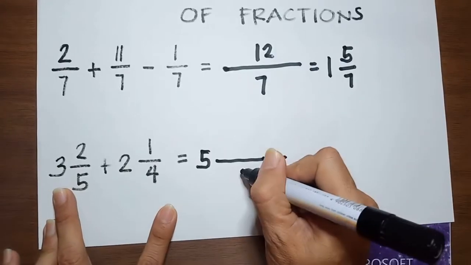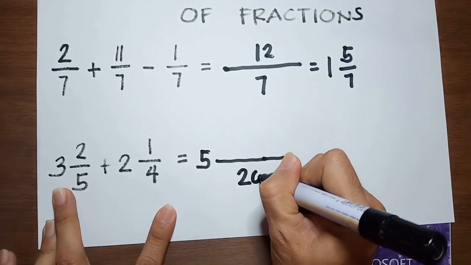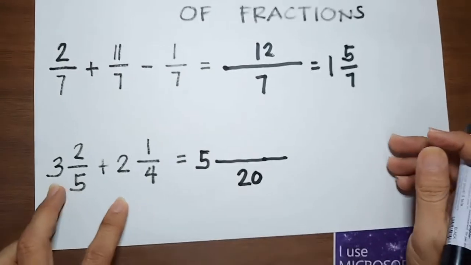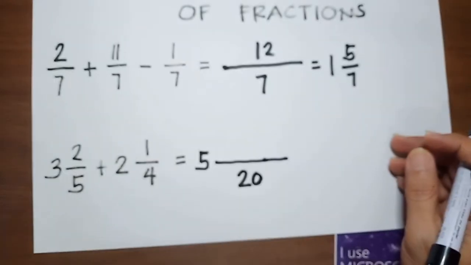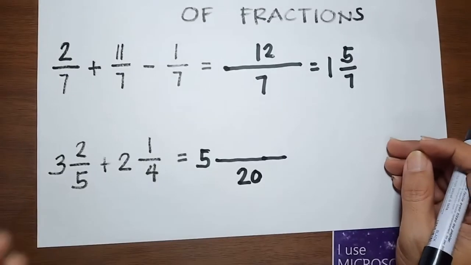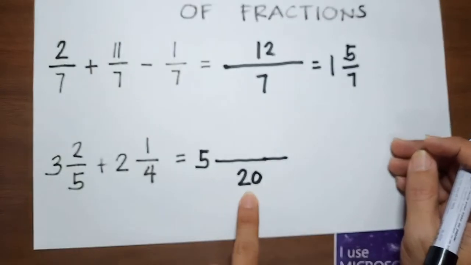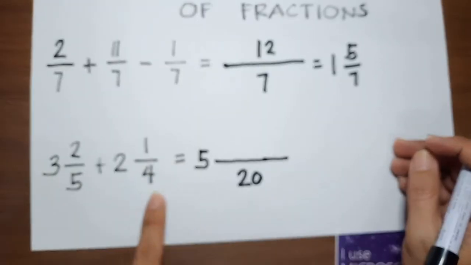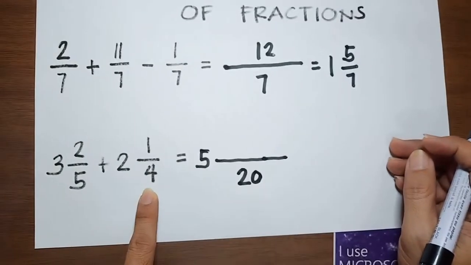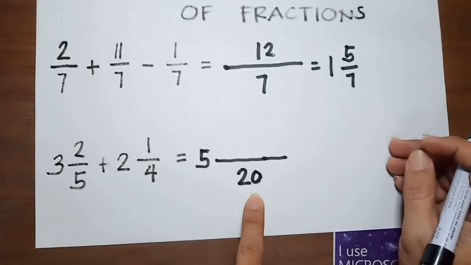Our LCD is 20. When we say LCD, it's the least common denominator that is divisible by all the denominators in the fraction. So 20 must be divisible by 5, and at the same time 20 must be divisible by 4. So 20 is our LCD.